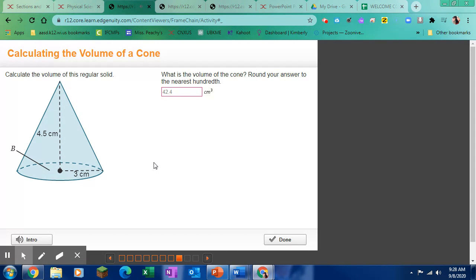I know. What did I do wrong here? So the radius is 3. 3 squared times pi times 4.5 equals, divided by 3. Just like 42.4. Oh, nearest hundredth. See, it gets mad at me for not putting the right number of decimal places in. Let's try it again. So the prompt isn't always the best way of telling you what you did wrong. In that situation, the prompt may have been better to say, hey, remember to round to the nearest hundredth place.